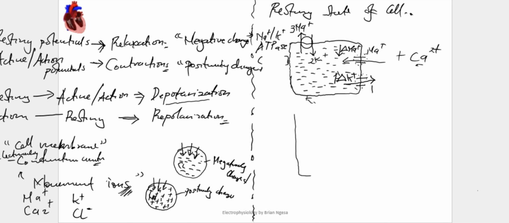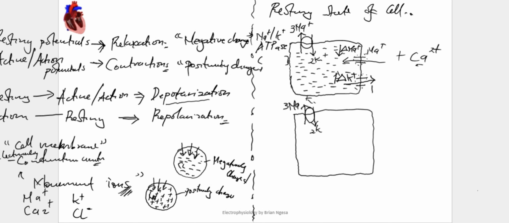So let's just draw it grossly. We redraw some sodium potassium ATPase. Sodium, so extruding 3, admitting 2 potassium.